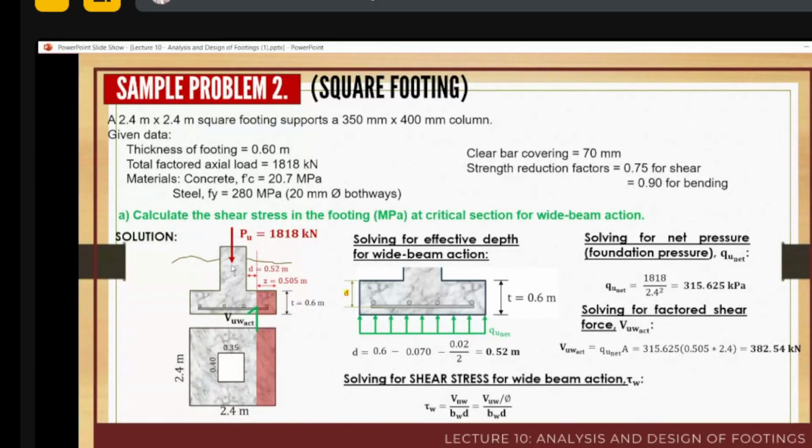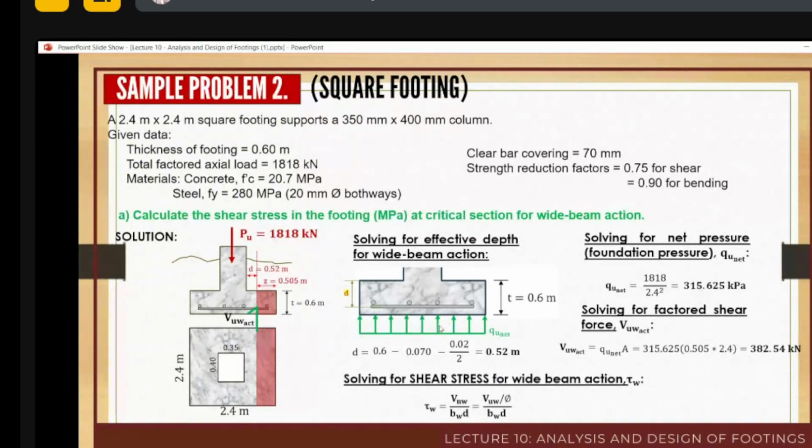1.2, half of the column. So this is 1.2 minus half of 0.35 minus d. So that is exactly 0.505.